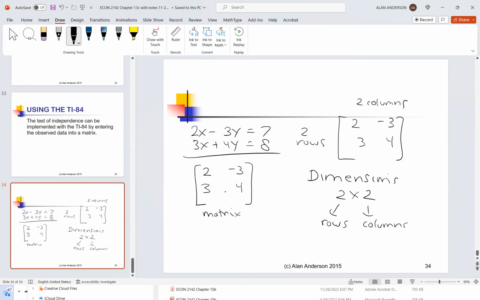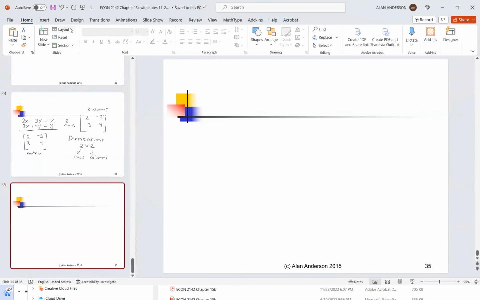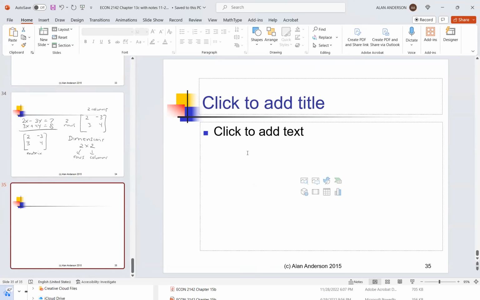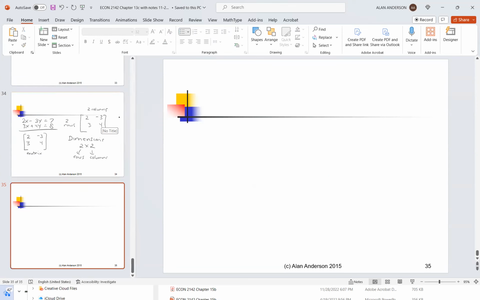Fine. So a matrix is simply a way of storing information. What we're going to do is enter the observed frequencies into a matrix in this calculator. The question is how. To enter the data into a matrix, that's what we have to do.